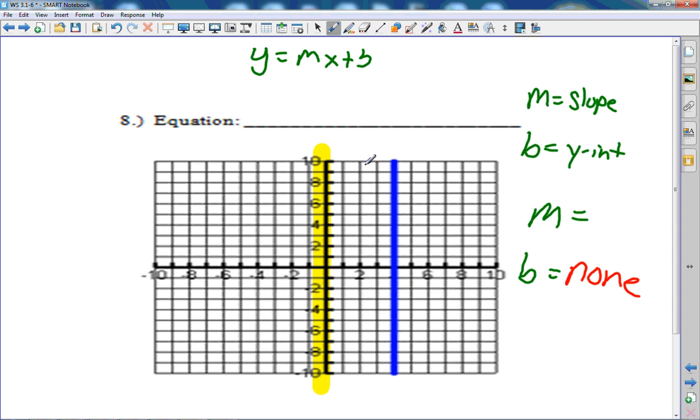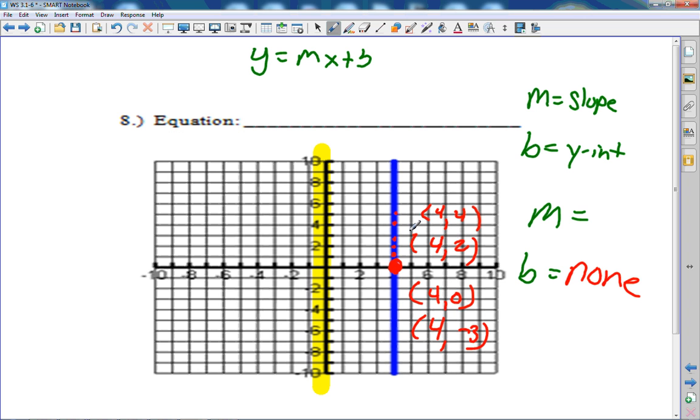This is actually a special line. If you look on this line, do I have an x-intercept? I sure do. I have an x-intercept right here. What is it? That is 4, 0. Everywhere on this line, it's like 4, 4, 4, 2, 4, -3.